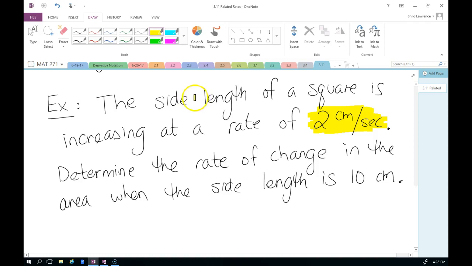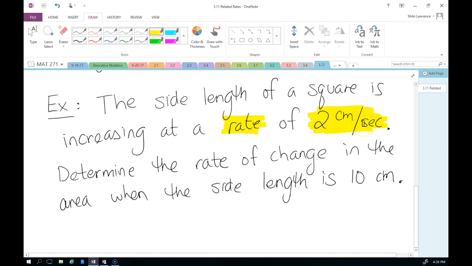This is telling us that the side length of a square is increasing at a rate of 2 centimeters per second. Now, centimeters is a linear unit and seconds is a time unit. So that tells me that that is the derivative.